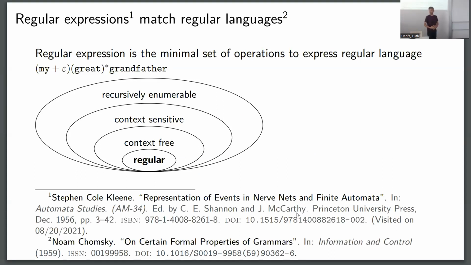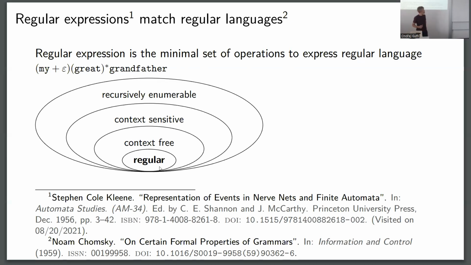Classical regular expressions from the 50s are a very old construct to describe basically regular languages. When we stick to the classical hierarchy of languages, regular, context-free, context-sensitive, recursively enumerable, regular expressions are exactly regular languages.